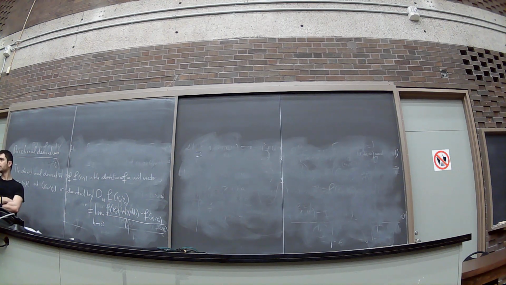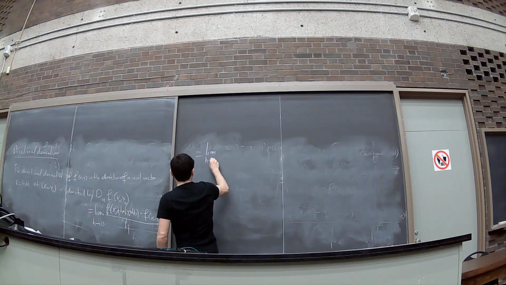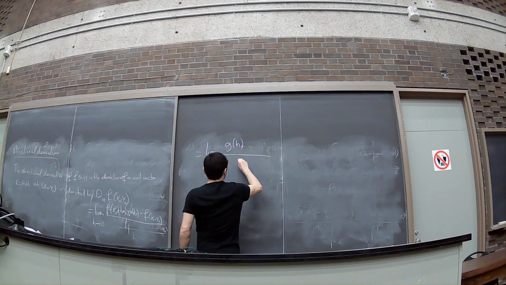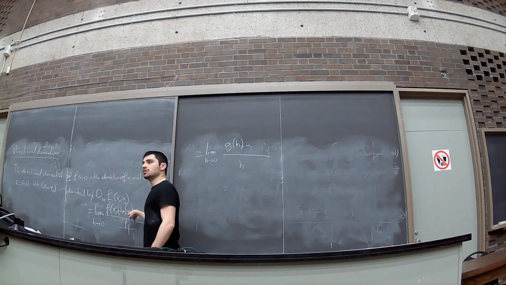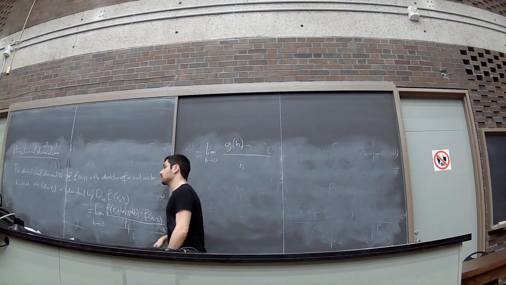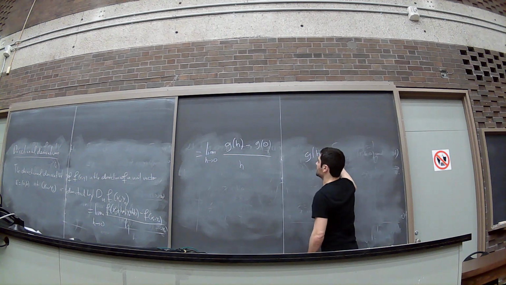What is fixed here? x0, y0 are fixed. a and b are fixed. Great. Let me write it this way. So if you plug in h equals 0 here, what do you get? f(x0, y0). This is g(h) minus g(0), where g(h) is what?